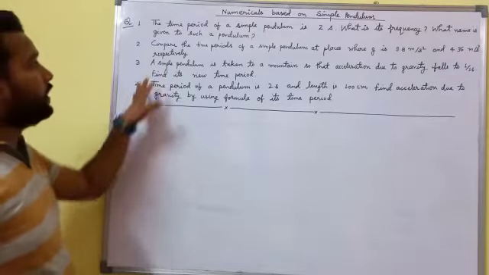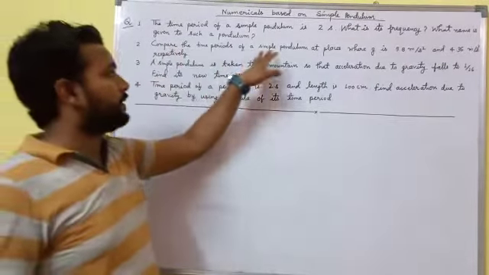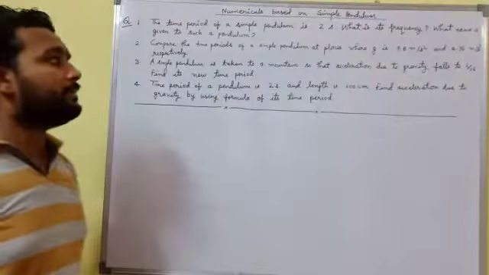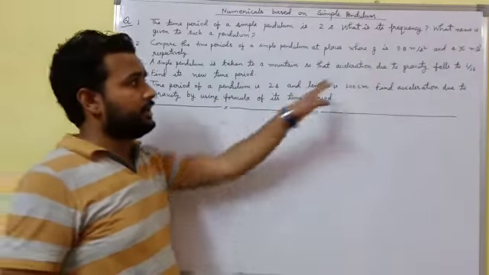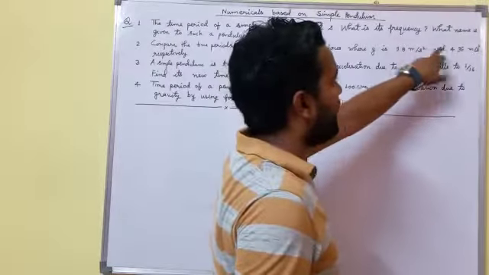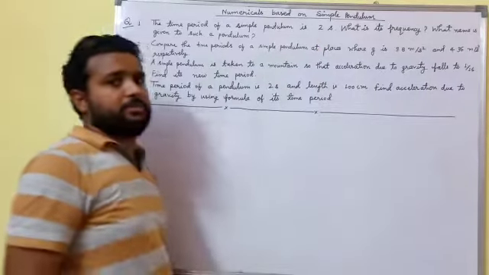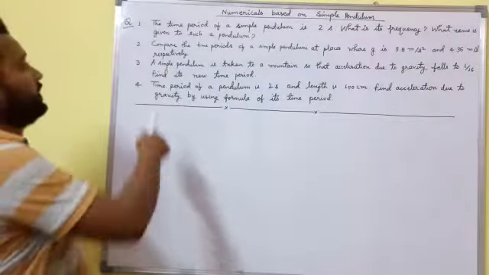In the second question, compare the time periods of a simple pendulum at places where g is 9.8 meter per second square and 4.36 meter per second square respectively.